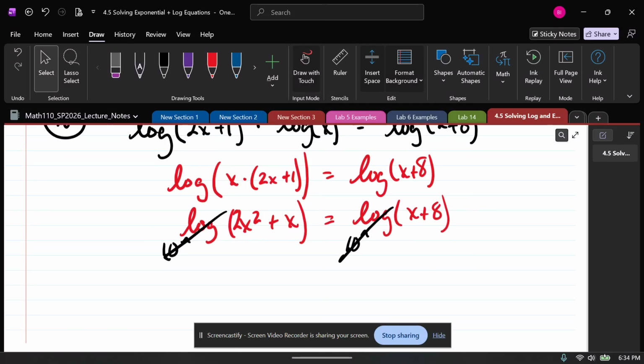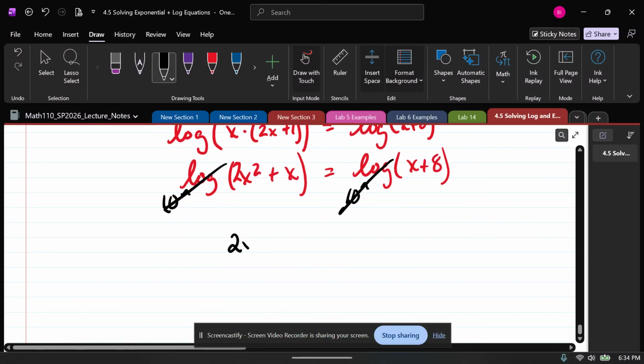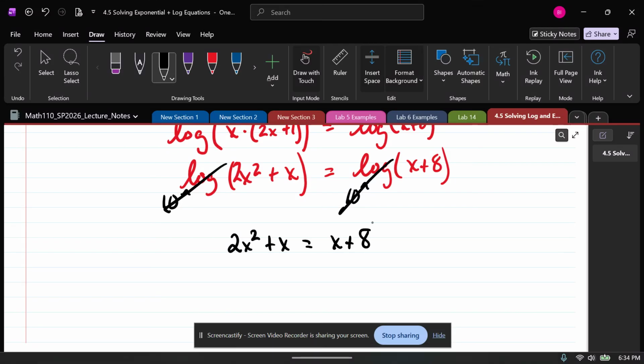Now I've got a problem that's 2x squared plus x is equal to x plus 8. This is a little harder problem to solve because it's got the x squared and the plain x in it. So what do I need to do? Subtract x to get what together?